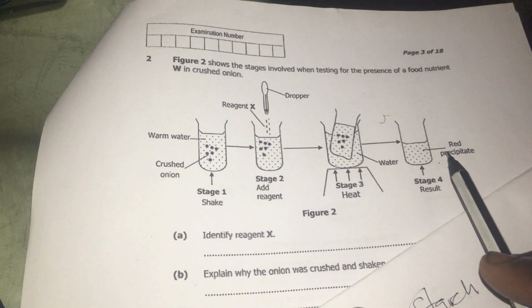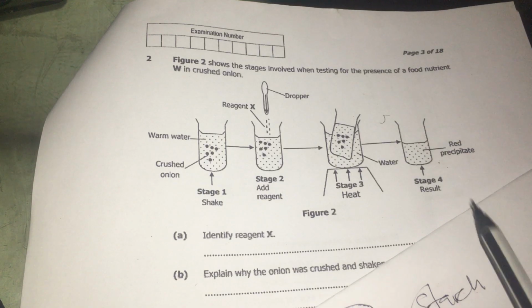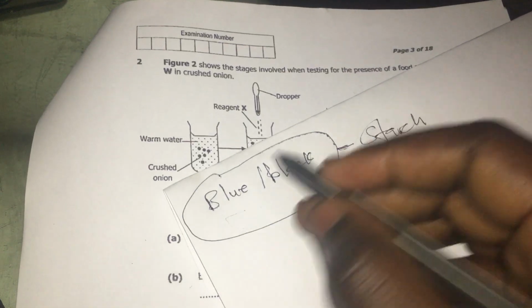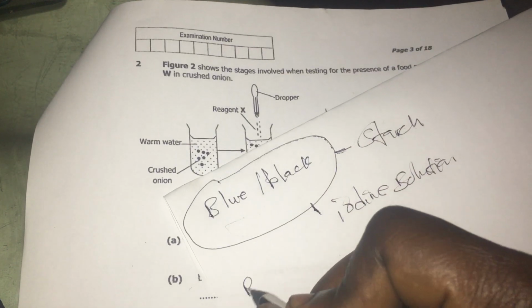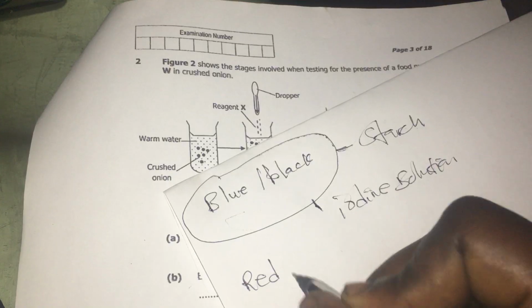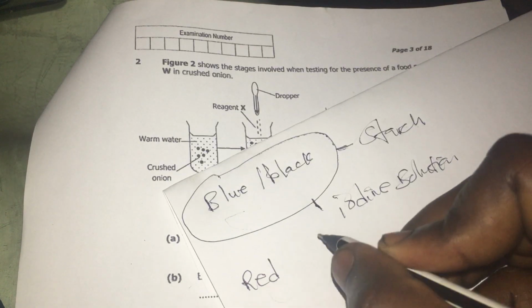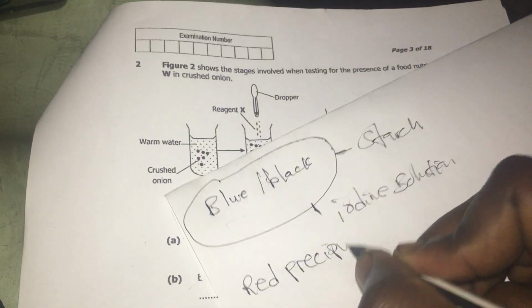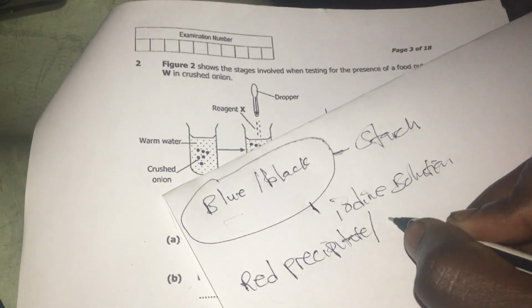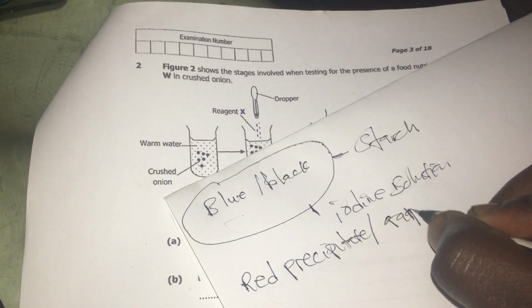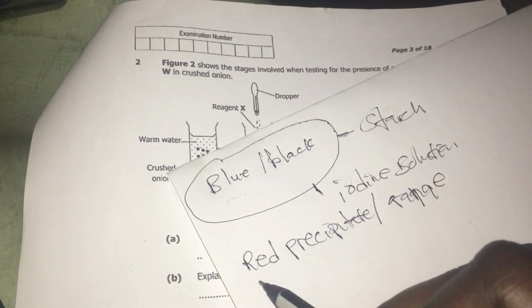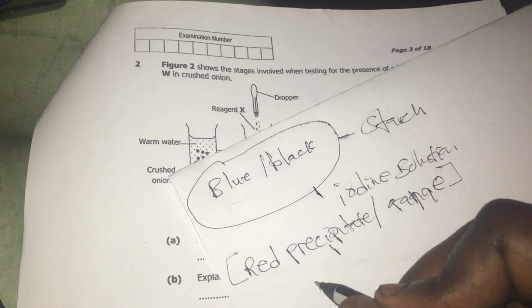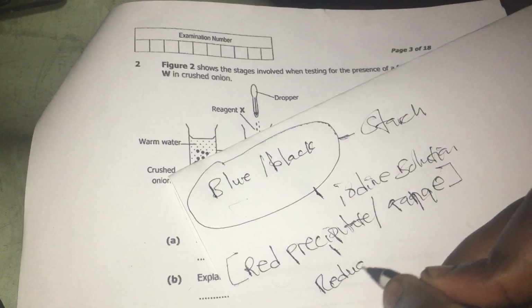Now check, here we have a red precipitate. Whenever you are handling a practical question, if the result part has a color like red, since here it says red precipitate, or orange, just know that this practical is for reducing sugars.